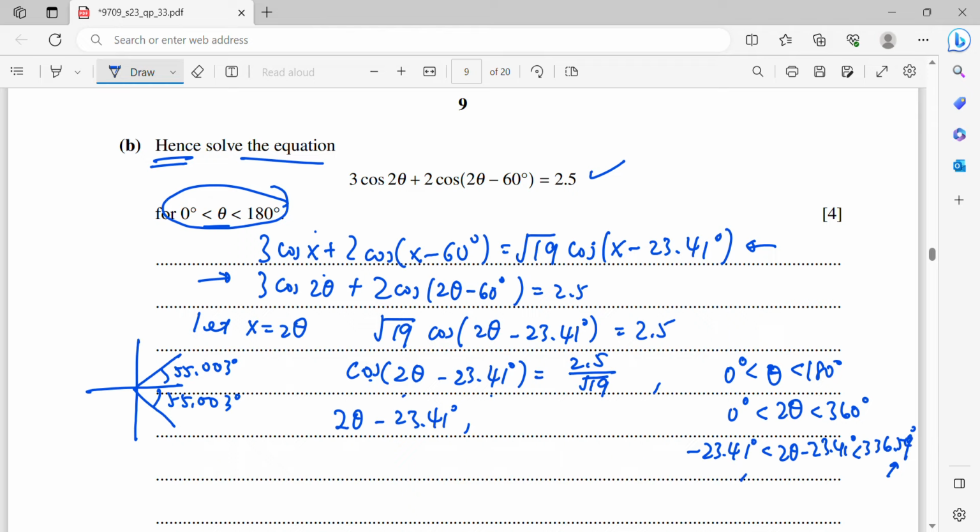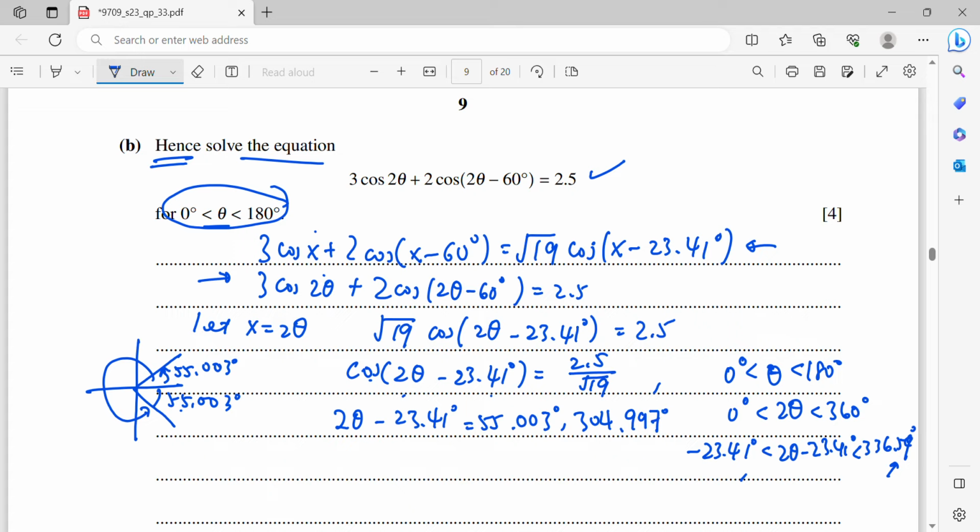That means I will get the first angle 55.003, and then the second angle is 360 minus 55.003, which I will get 304.997.